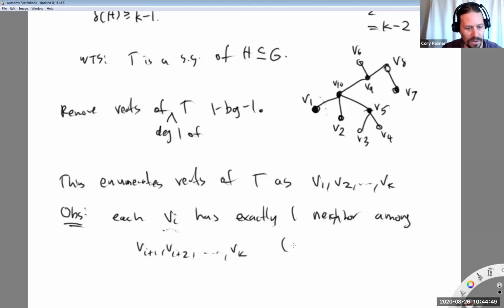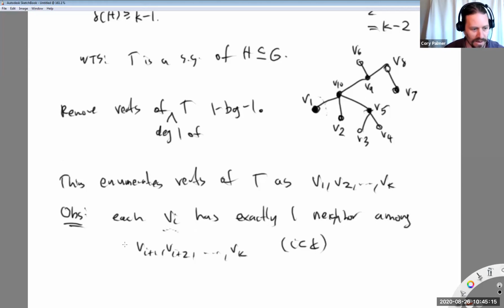Okay, this actually only holds for I strictly less than K, because like I said, the Kth vertex doesn't have any forward edges. It just dies out. But look, V1 has a neighbor among V2 up to V10, in particular V10. V3 has a neighbor among V4 up to V10, in particular V5, and so on and so forth. That was exactly this procedure described in a different way. So there's one forward edge each time in this enumeration, which is really handy.